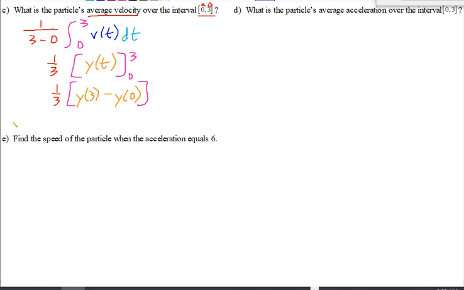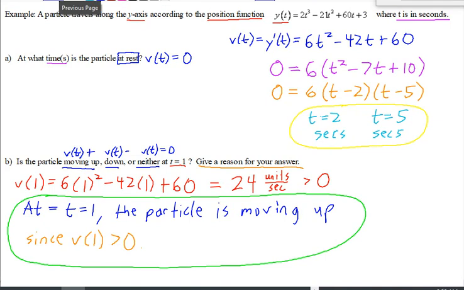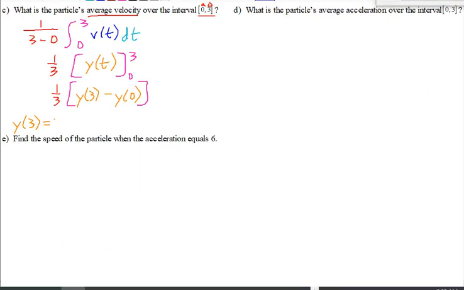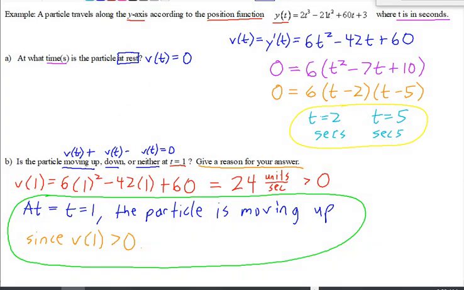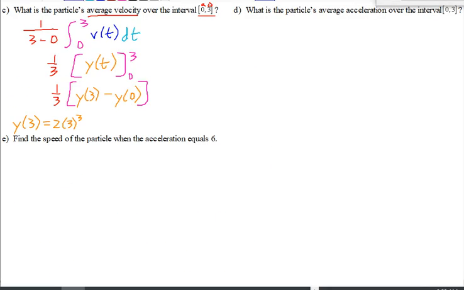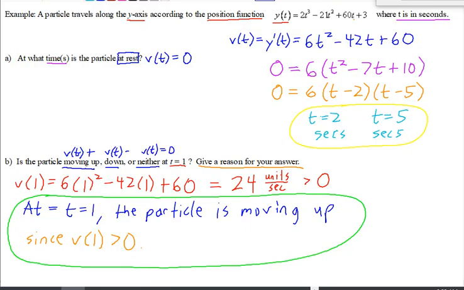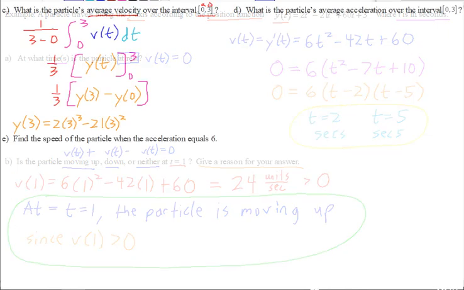We get our answer. So y of 3, if we go back to our original equation here, would be 2 times 3 cubed minus 21 times 3 squared plus 60 times 3 and then plus 3.